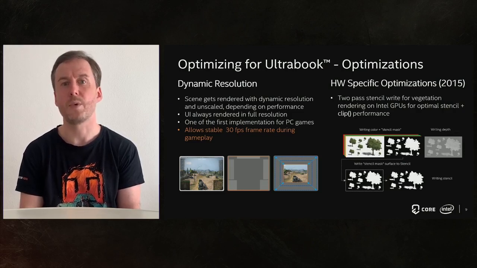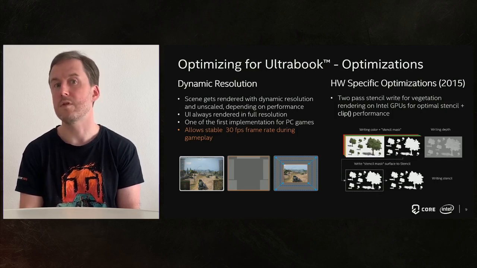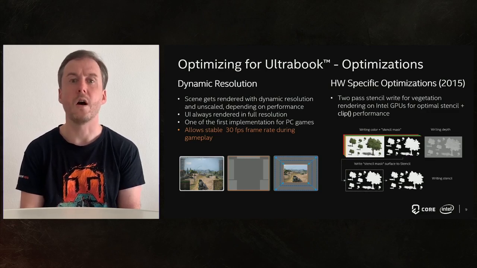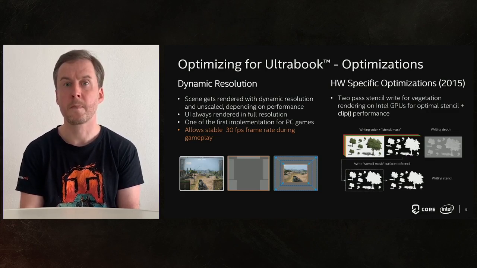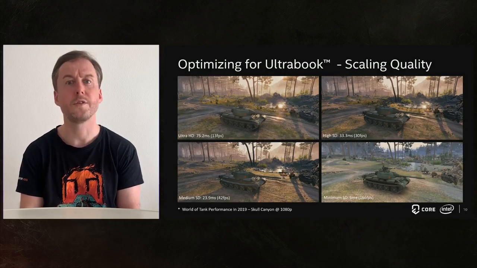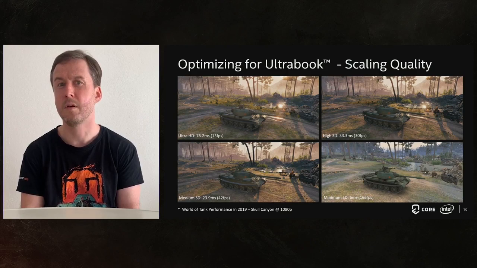We developed a special path for vegetation rendering for previous generations of Intel graphics to ensure optimal performance for alpha-tested geometry with stencil. And of course, for such an enormous variety of computer configurations, it's important for the game to have very scalable quality settings.